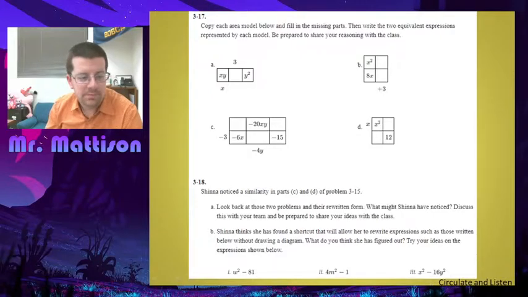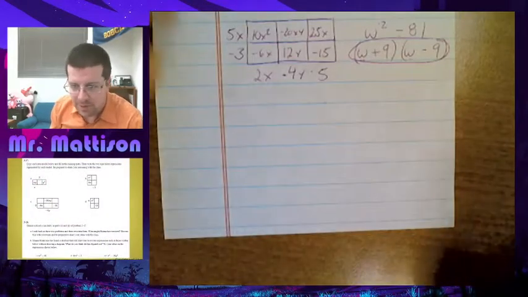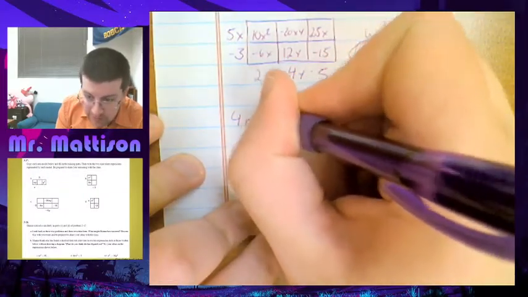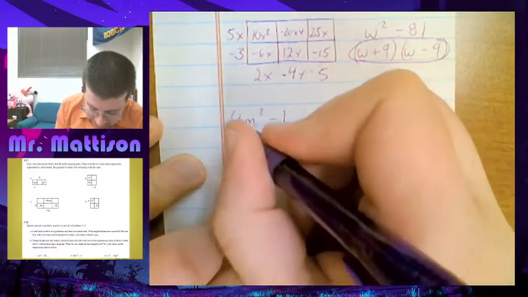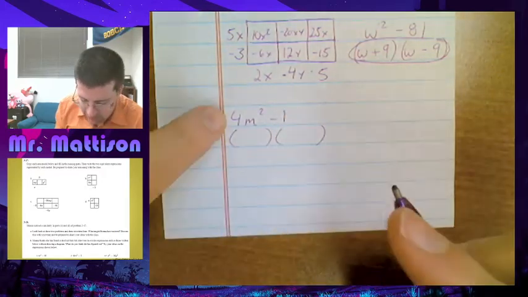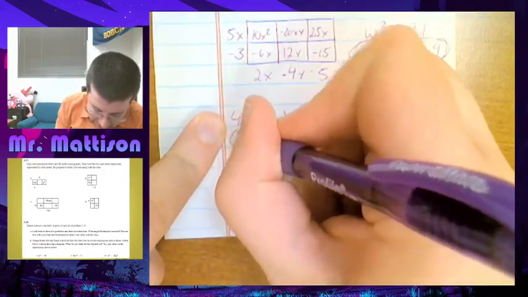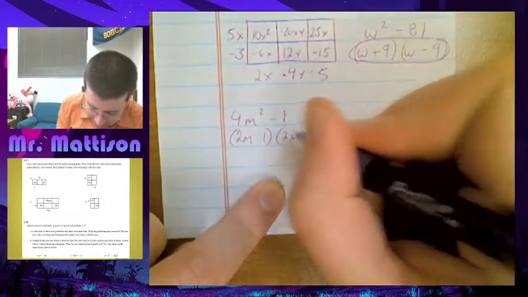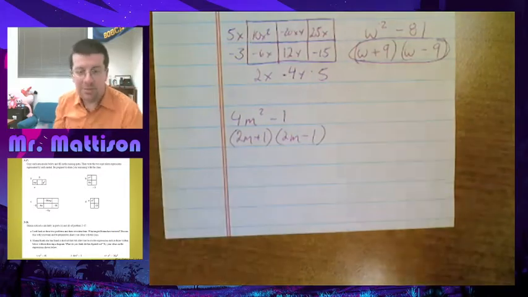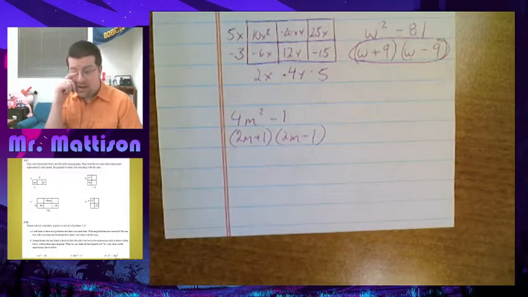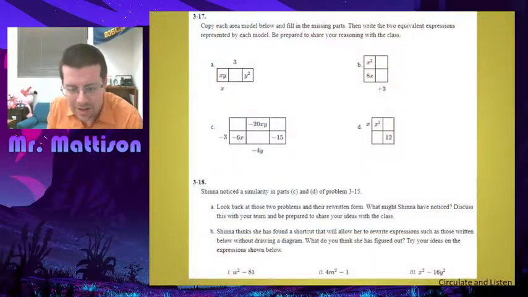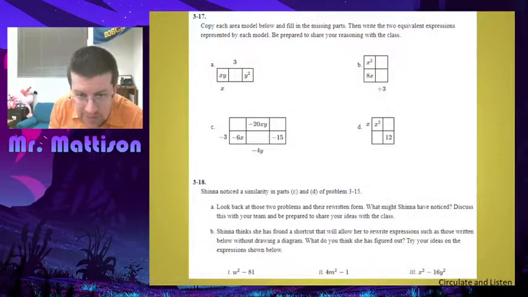See what you can do there. All right, so what we should get on the first one is 4m squared minus 1. That would factor into, square root of this is 2m, and the square root of this is 1 and 1. One of those is positive, one of those is negative, we're done. It's that easy, right? And the last one over here, we have x squared minus 16y squared.